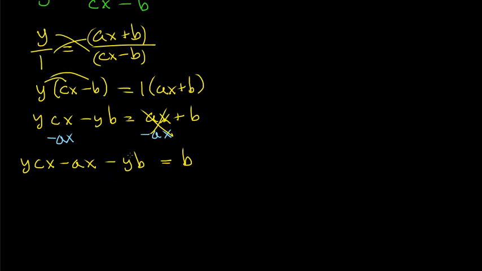So if I want to get x equals, I don't need this term on the left. So I can add y times b to both sides, leaving that as 0. So the left side is just ycx minus ax plus 0 equals b plus yb.